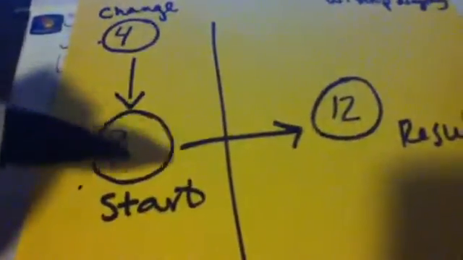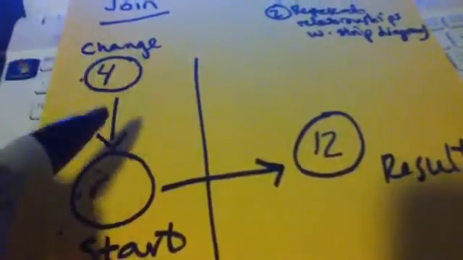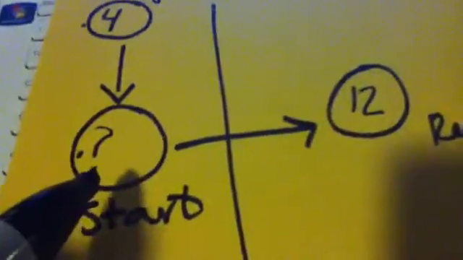Alright, so we know the change made, we know the result. So now we need to figure out how we can find the starting number. Well, if we take our result and subtract the 4 because it was our change, then this will give us our starting point. Because if we have our starting point and joined in our 4, we are adding here, which will give us our total.